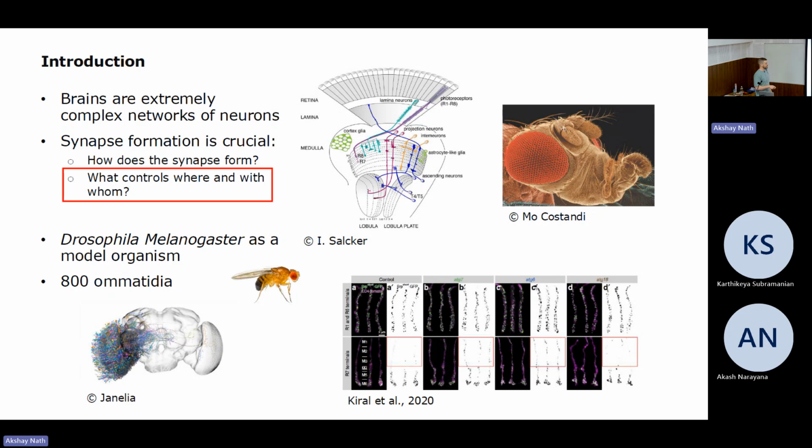If we take a look at this work that was already done in 2020, it shows us the R7 photoreceptors. These layers, as I said, M1 to M6, are located in the medulla in this region. In this first picture we have the control group, which means there has been no genetic mutation to this animal. What we can see here is the cell, and the green dots are the synapses.